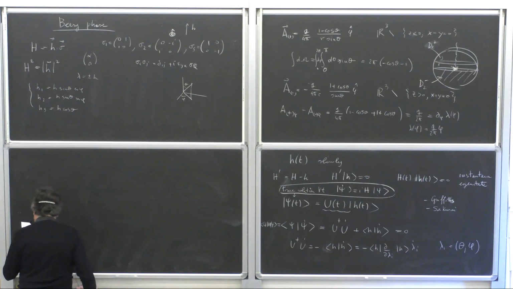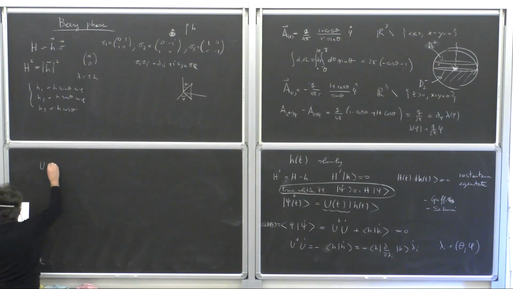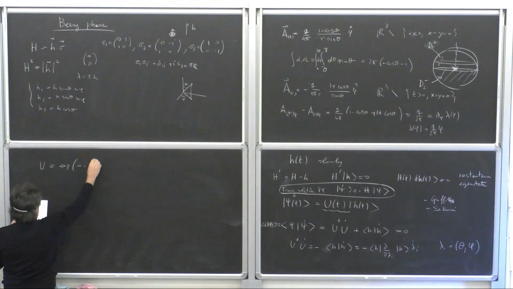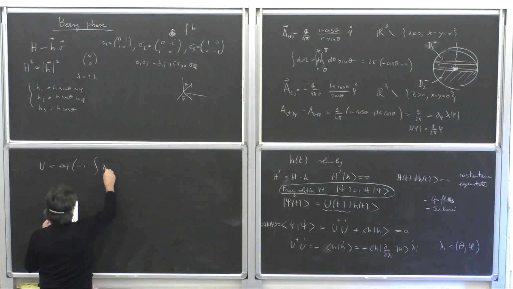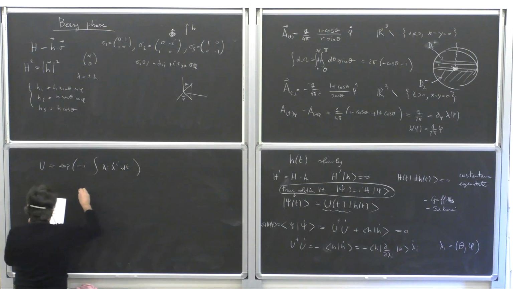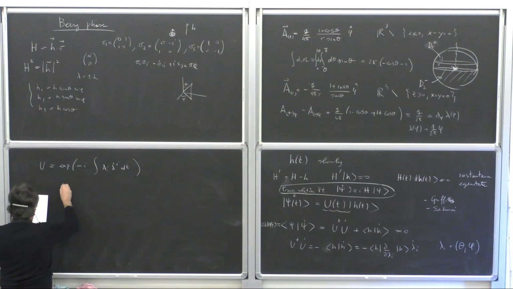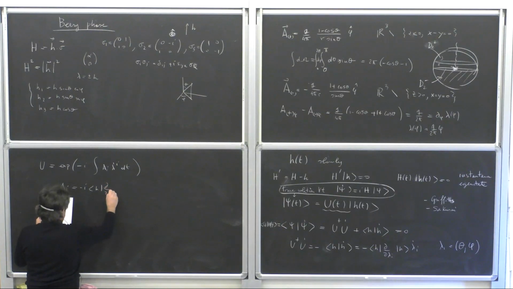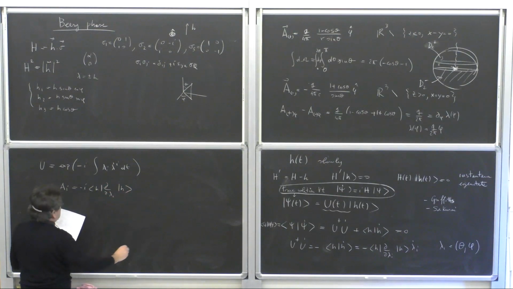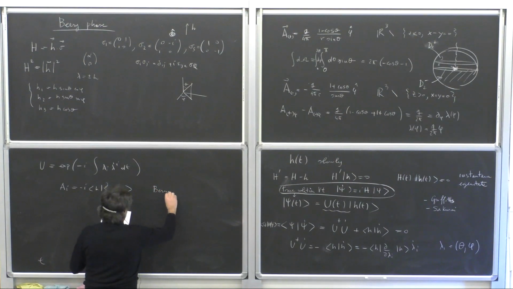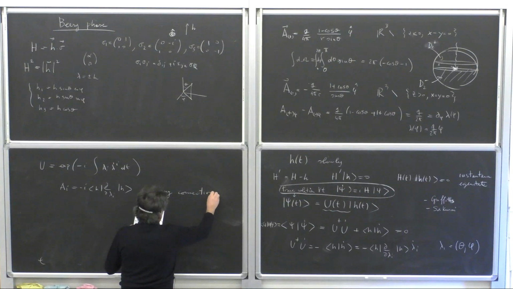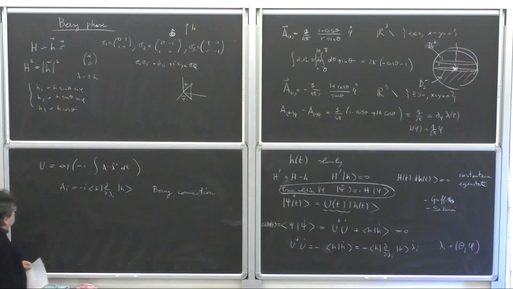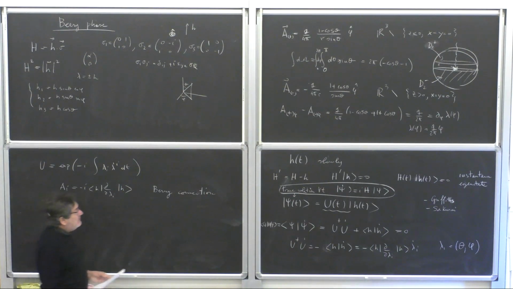So this I can write like U, exponential of minus i A_i lambda_i dot dt, okay, where A_i is minus i h. Definition. Okay.